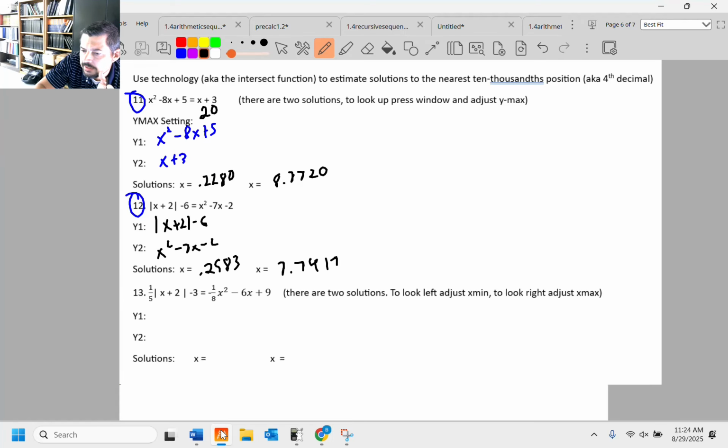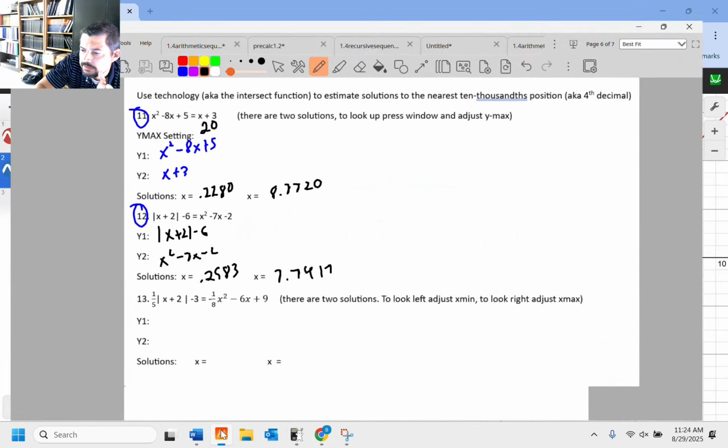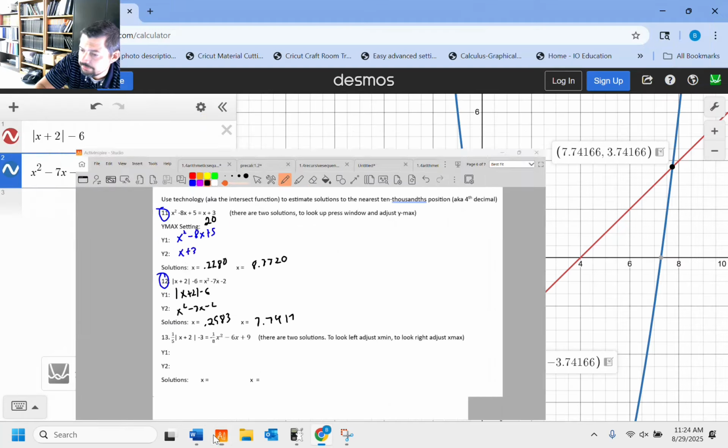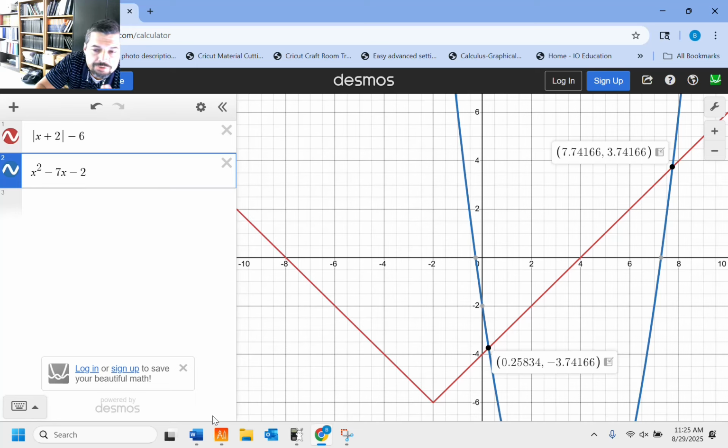Right hand side is x squared minus 7x minus 2. That thing is saying 0.2583. And what did I write down earlier? Okay, same thing. This one over here, 7.7417, which is what I wrote too. So Desmos is an option for you at home, but you better make sure you learn how to use my TI-84.